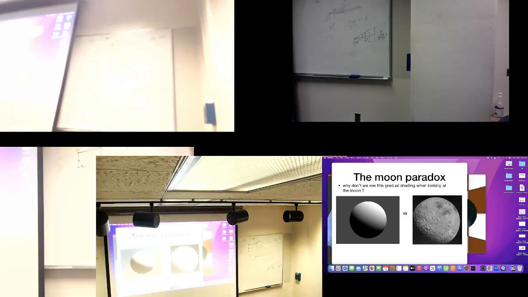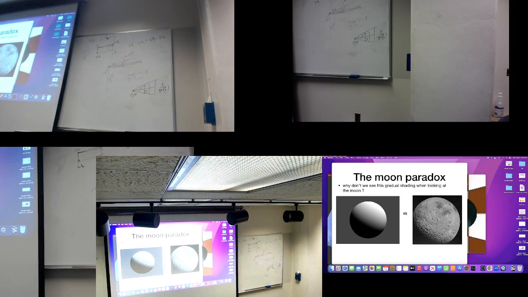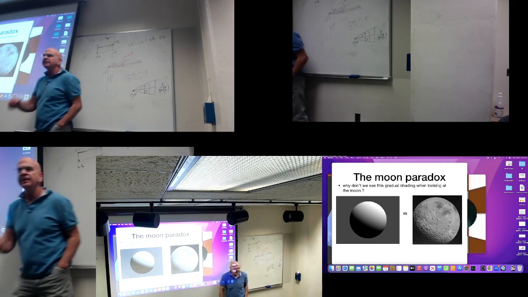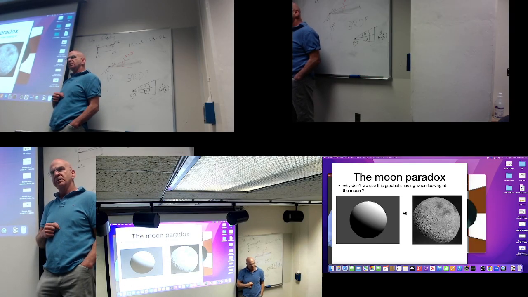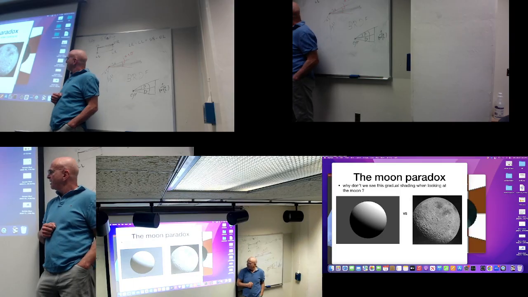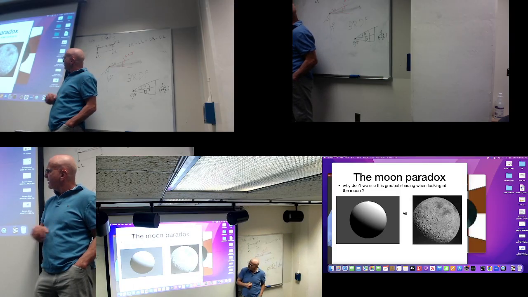Well, isn't that basically the moon cycle though? Like in a moon cycle, we do see the crescent shading. If you only see a half moon, that's basically crescent shading.